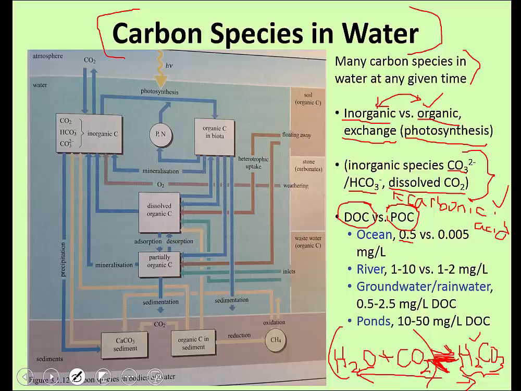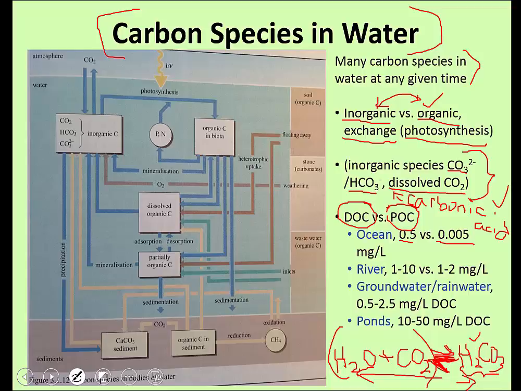Versus the particulate organic carbon is only about 0.005. So the dissolved carbon is a factor of 100 times more than the particulate carbon. So most of the carbon you've got in the ocean is going to be dissolved. And that's a good thing because that makes it available for all of these species that build these hard shells.